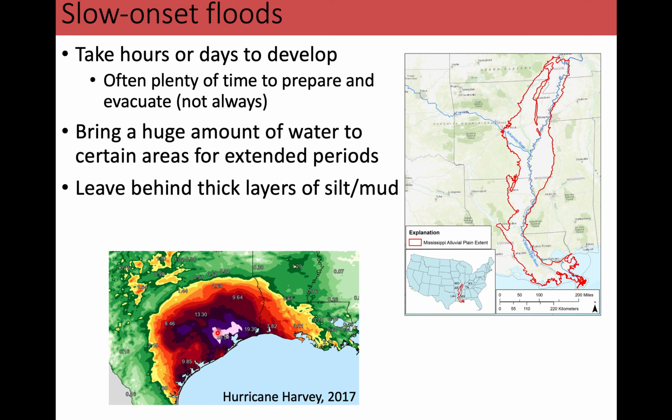There was a huge amount of precipitation because this hurricane just stalled here for a couple of days and pounded them with rain. So there was a huge amount of flooding in Houston, and it was all slow onset flood. It wasn't something that happened immediately. There was so much water over multiple days that the water didn't have anywhere to go.